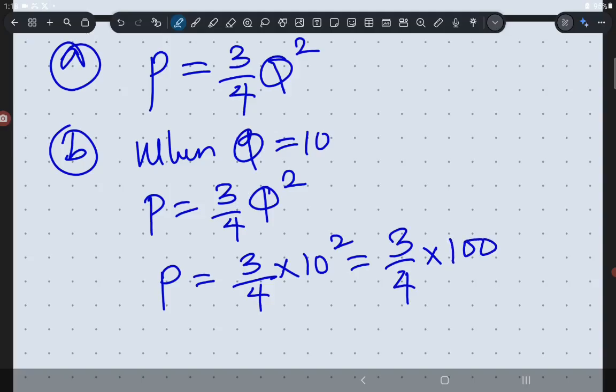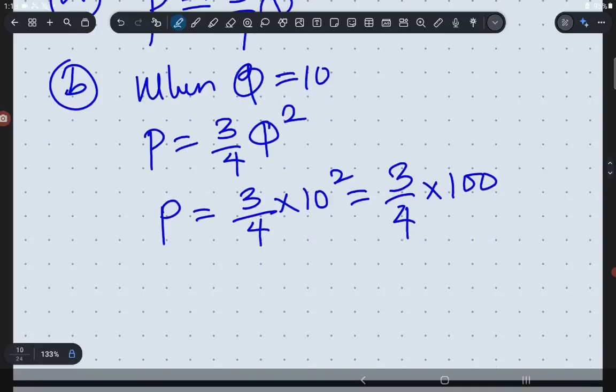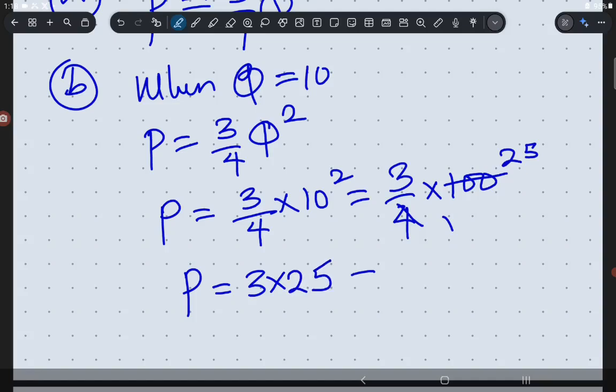So 4 here goes 1, 4 here goes 25. So the value of P is 3 times 25, which is equal to 75. So the value now is 75.